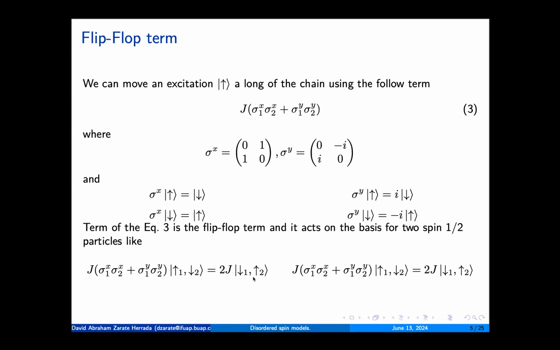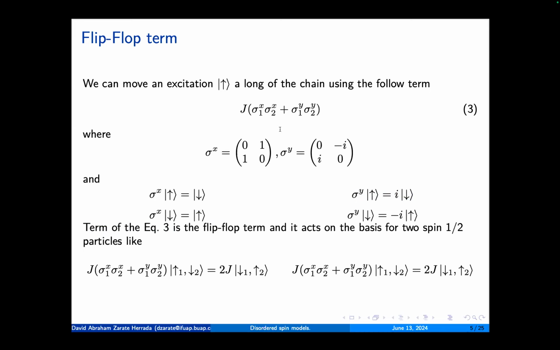Okay, we can move on to excitation using the next term. This term here is named the flip-flop term, and it has the operators sigma x and sigma y, where sigma x and y are the Pauli matrices in the x and y directions.